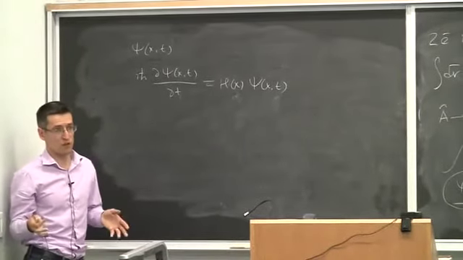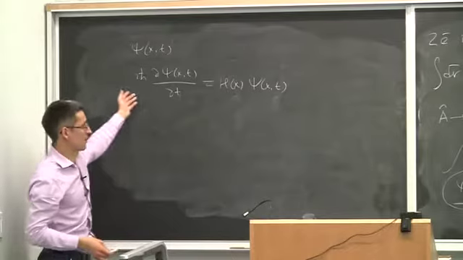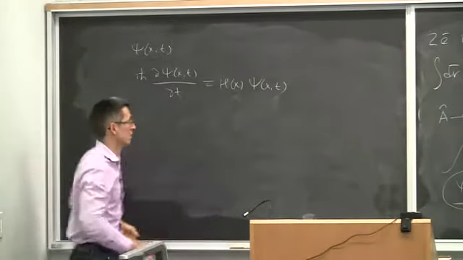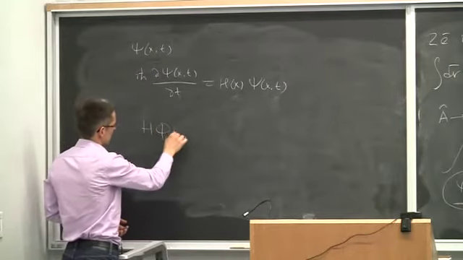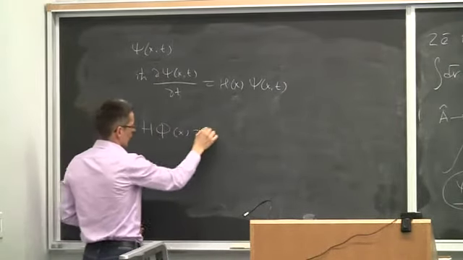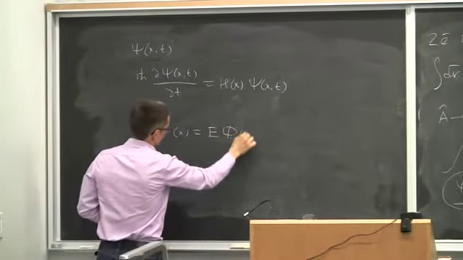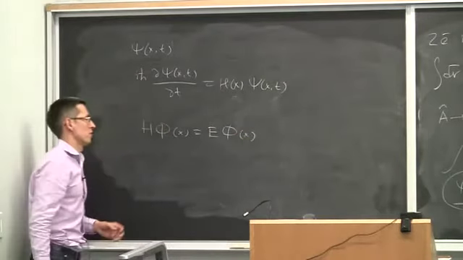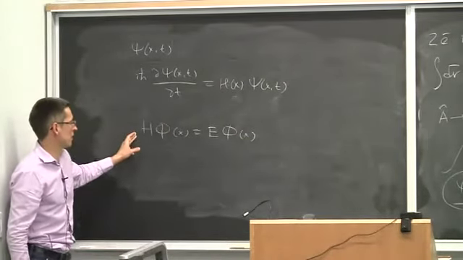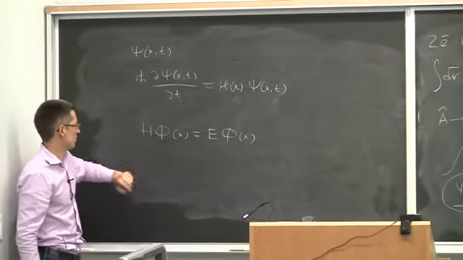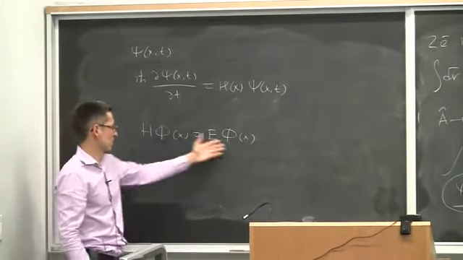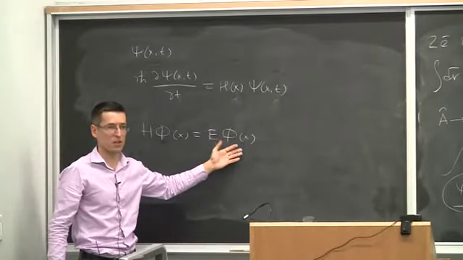If you consider its wave function, it must satisfy the time-dependent Schrödinger equation, right? The same is not true for the time-independent Schrödinger equation. This is a big difference between time-dependent and time-independent, because not every function of x will satisfy the time-independent Schrödinger equation, right?